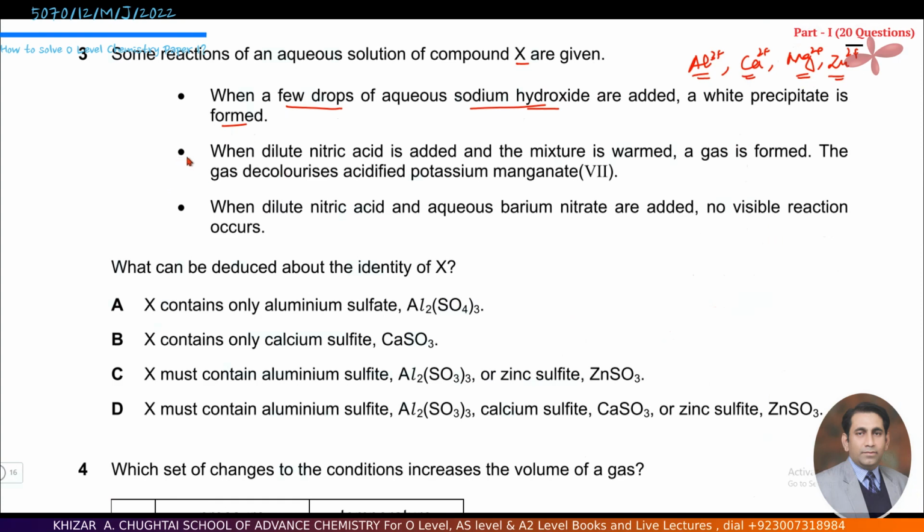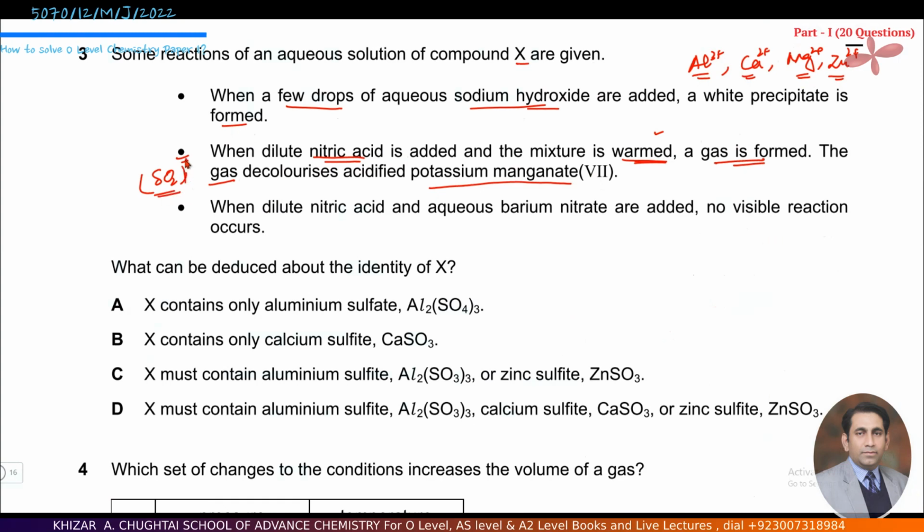Come toward the next information. When dilute nitric acid is added and the mixture is warmed, a gas is formed. The gas decolorizes acidified potassium manganate. As far as the O Level chemistry syllabus is concerned, if any gas decolorizes KMnO4, one of the main possible options is SO2 gas.